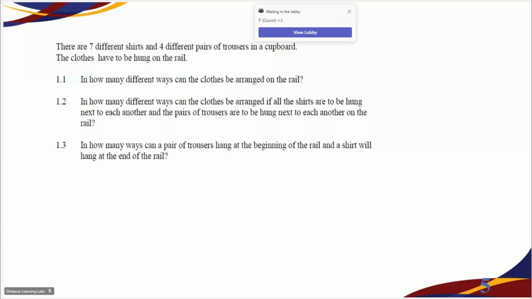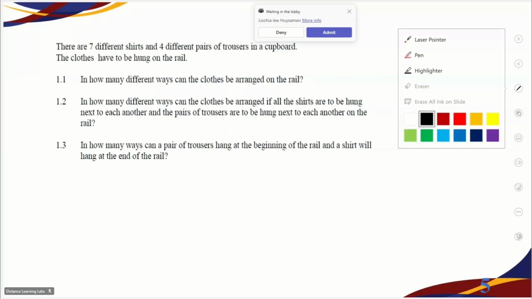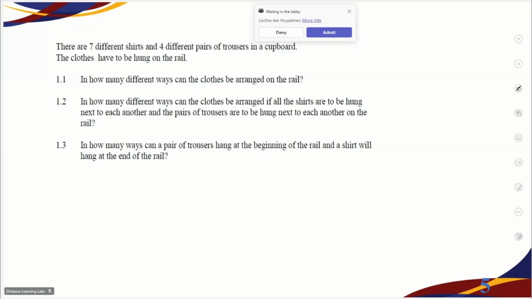Now, how many clothing items do we have in total in this example? We have 7 different shirts and 4 different pairs of trousers. Therefore, the clothing items that we have in total here are 11. You add the two, therefore you have 11 different clothing items here.